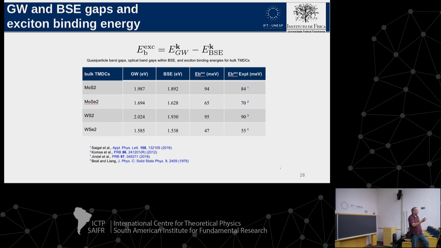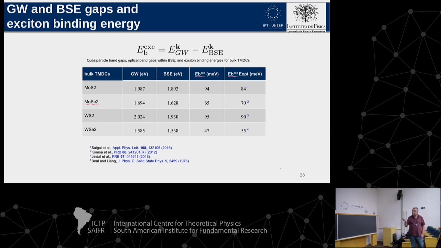In monolayers, the exciton binding energies are very, very large. But in bulk they are not small either. They are much larger than the thermal energy at room temperature, for instance. And we have a very good agreement with experiments.